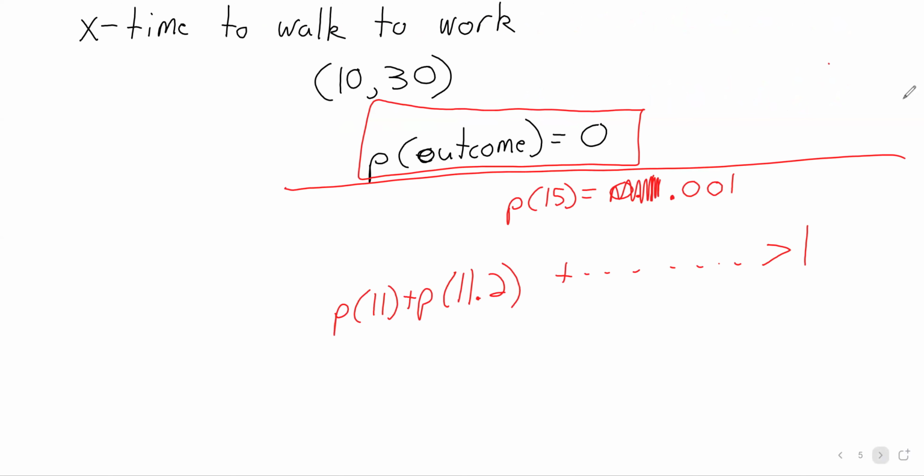Let's say it usually takes me about 15 minutes. So if you ask me how long it takes me to walk to work, well, numbers near 15 should somehow be more likely than numbers near 30, but they can't be because all of the probabilities are 0. No event can be more likely than another.